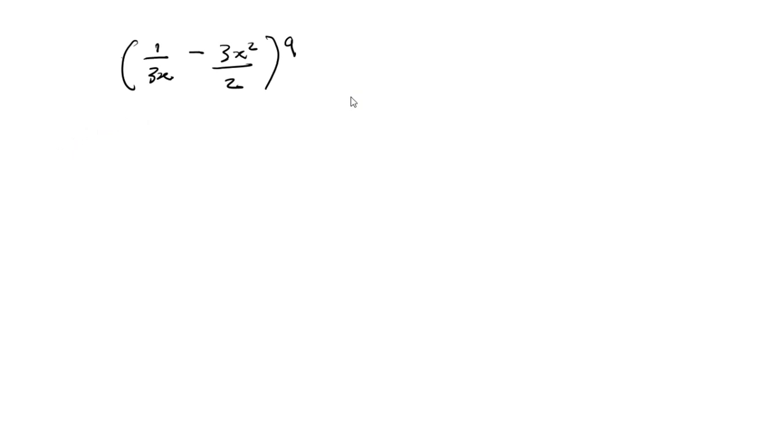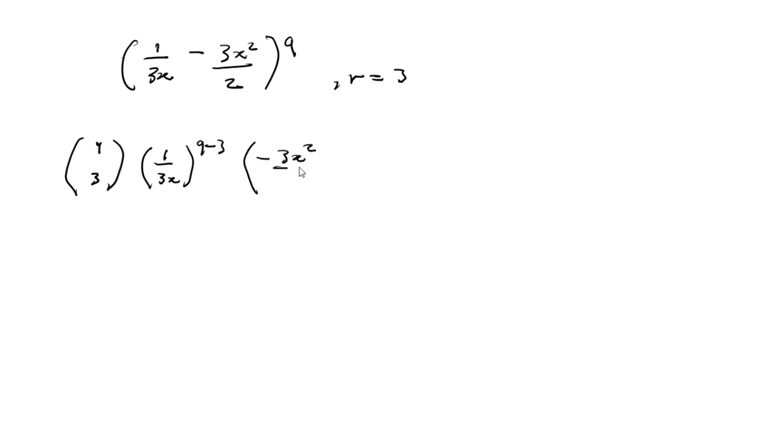So remember, we have already found r to be equal to 3. So this will now be 9 combination 3, close bracket, then there you can say 1 over 3x to the power 9 minus 3, and then there you can say negative 3x squared over 2 to the power 3.